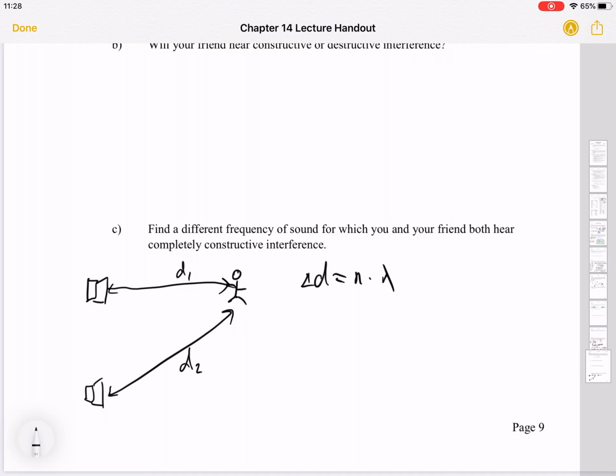Or if I'm looking for a frequency, you could write that as N times V over F. Then you could solve for F, but it would be a function of N. So then you plug in all the possible N's, which is 1, 2, 3, 4, and so forth. So that would let you solve for all of the frequencies that are constructive or destructive if you use N plus a half here.